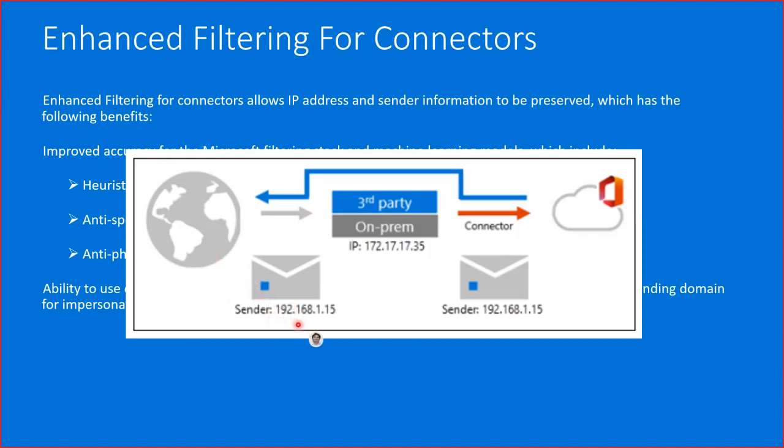The sender is sending from 192.168.1.15, which was then delivered to 172.17.17.35, which could be your on-prem environment or a third party. But when we receive the message in Office 365, because of this feature, we are able to see the original sender of the message, which is the IP 192.168.1.15.